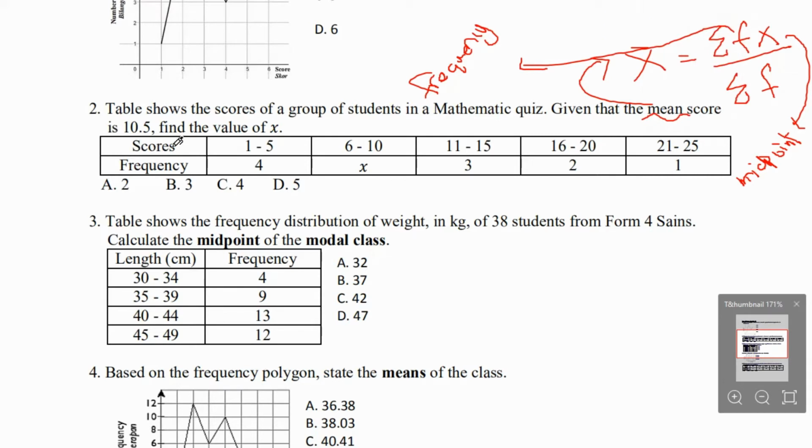Okay, so we have scores here 1 to 5, 6 to 10, 11 to 15, 16 to 20, 21 to 25. We have to calculate x. X is the midpoint. To calculate midpoint, the formula will be lower limit plus upper limit divided by 2.